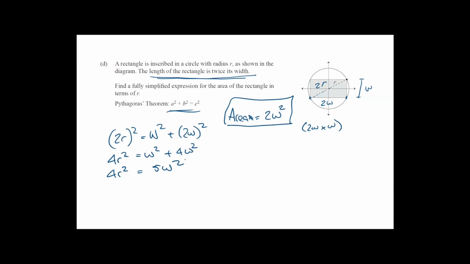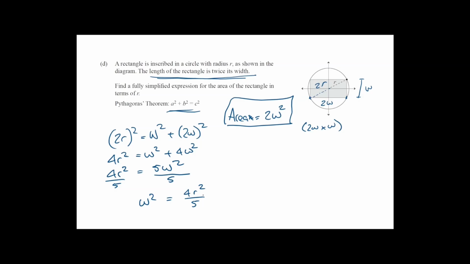And now we have something that is starting to look like something we can use, because we have one in terms of the other. Let's bring this 5 over, get rid of it from both sides. So w squared is going to be equal to 4r squared over 5.